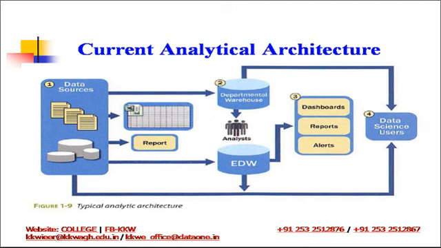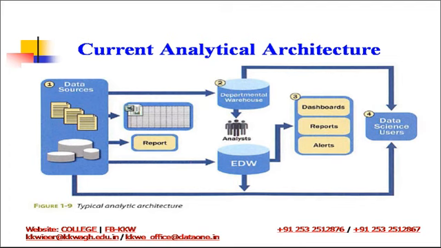So these are the four components of our current analytical architecture. The first one, data sources, where the data is being generated. The second one, departmental warehouse, where the data is stored in some structured form. EDW, that is enterprise data warehouse, from where the data is prepared for high quality, so that you can derive some insights in the form of dashboards, reports and alerts, or in some other graphical form.